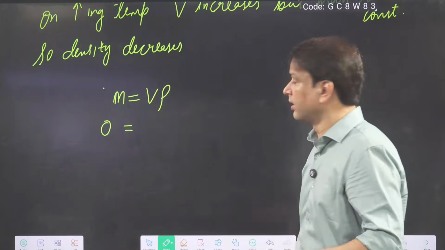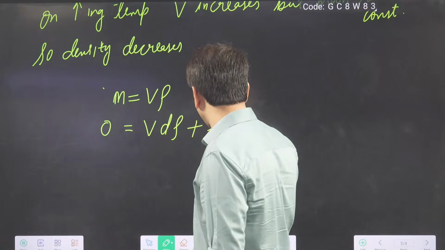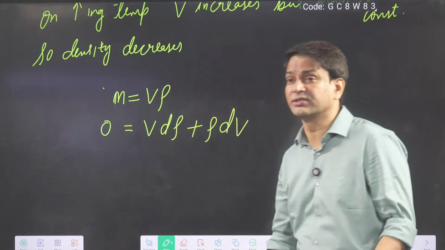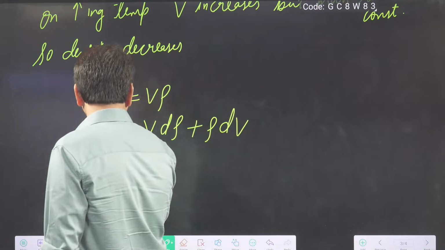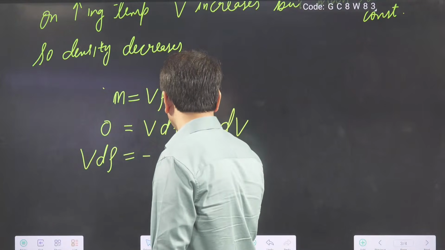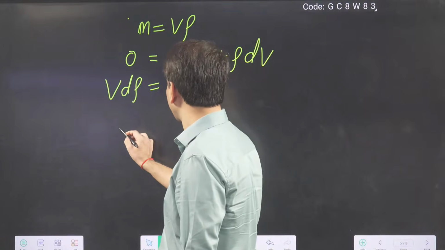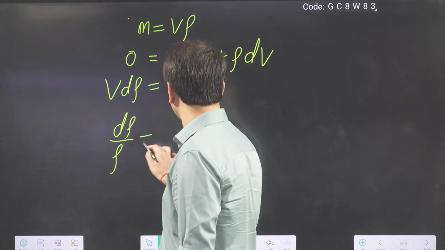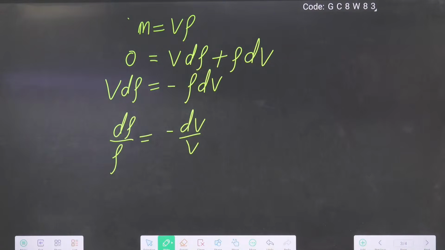We will use the product rule: first function into the differentiation of the second plus second function into the differentiation of the first. Then we get V d rho plus rho dv equals 0. Then d rho by rho is equal to minus dv by v. This relation, everybody understood?